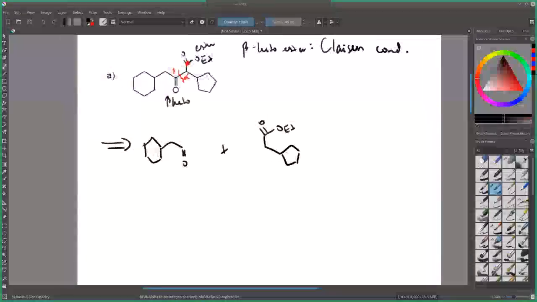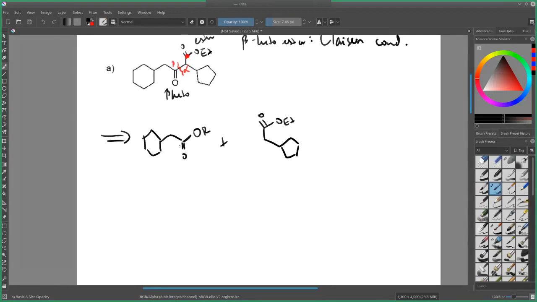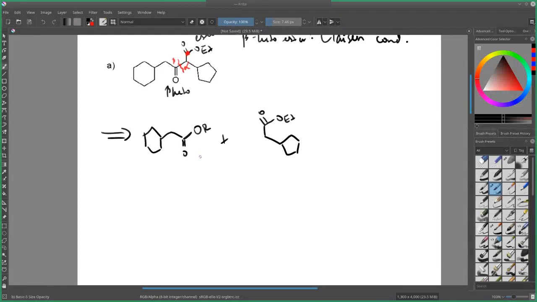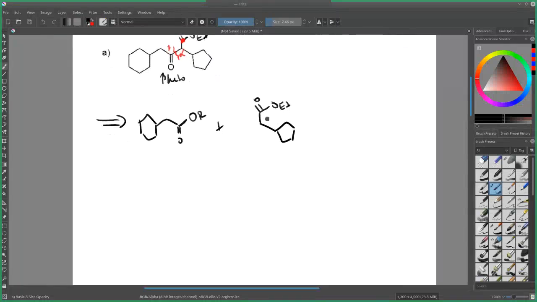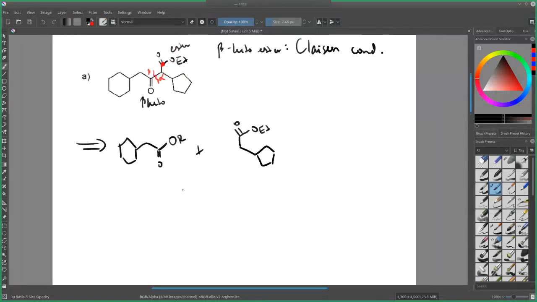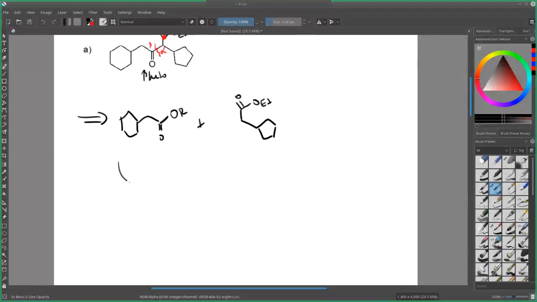And it doesn't really matter what ester we put over here. So this could be, I'll call it R, because it really doesn't matter. It's going to get thrown away at the end, so it won't make much of a difference. So whatever, call it OR.